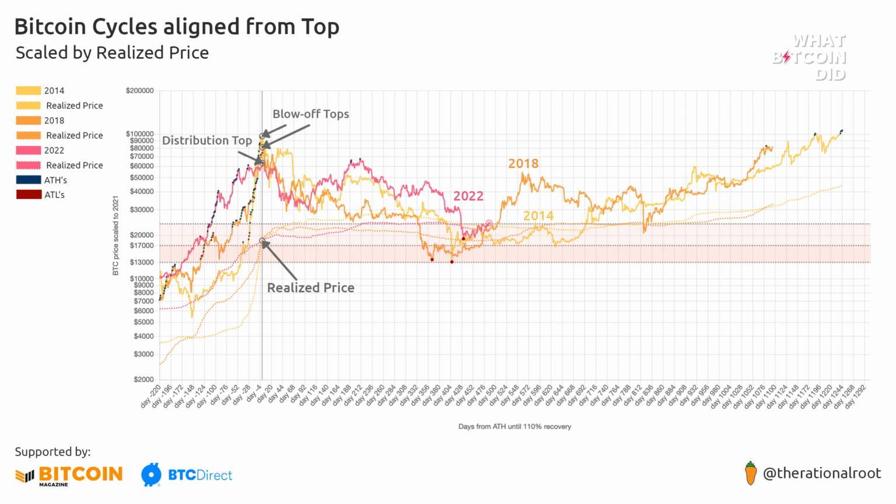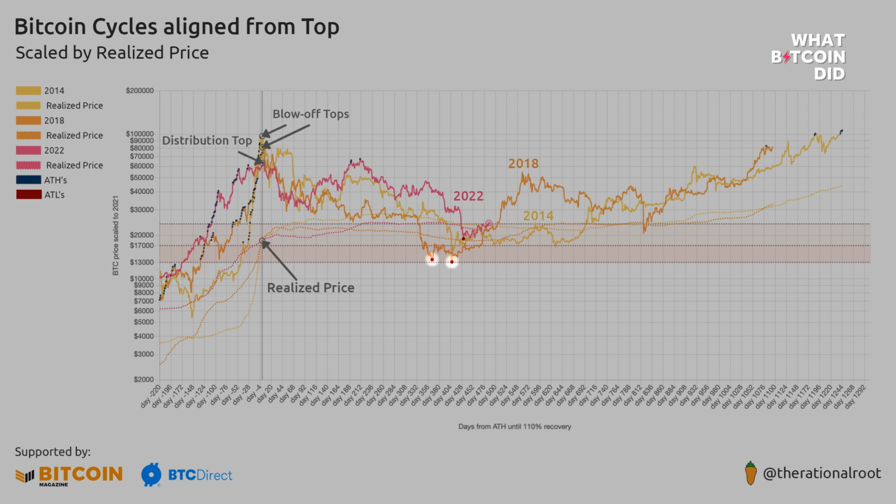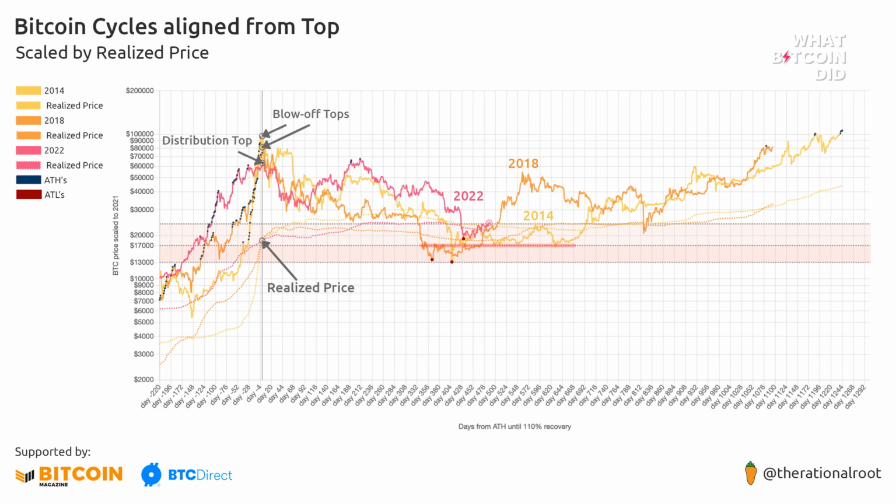And so we've fallen below realized price, and here we can see that in the 2018-19 bear market and the 2014 bear market as well, we went to a price of around 13,000, but mainly we stayed around that price of 17,000, right?